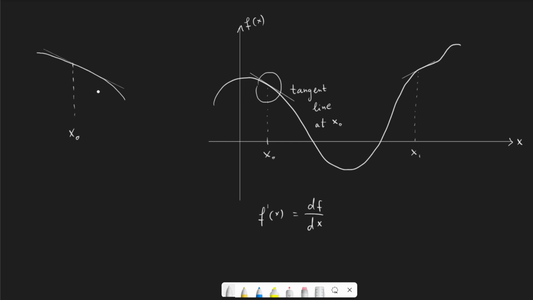And how I will approximate the slope of the function is the following. I will increase the input independent value by a little number epsilon. So here we will have x0 plus epsilon, and epsilon is much less than 1. And here we will have the output values f of x0, and here f of x0 plus epsilon.